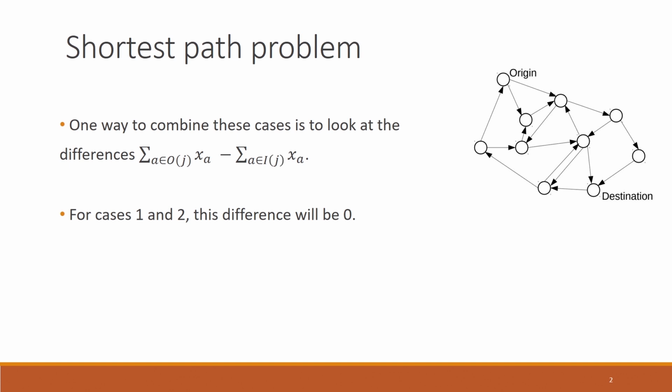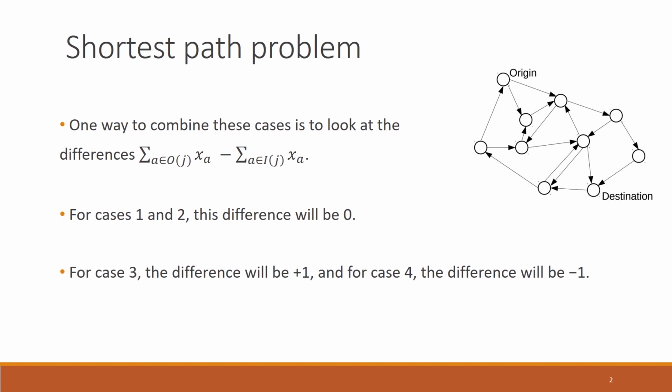Similarly, for case 2, this first summation will be equal to 1 because there is exactly one link outgoing from node J for which XA is equal to 1. And the value of the second summation will also be equal to 1, as there is exactly one incoming link for node J that has x equal to 1, and therefore 1 minus 1 will be equal to 0.